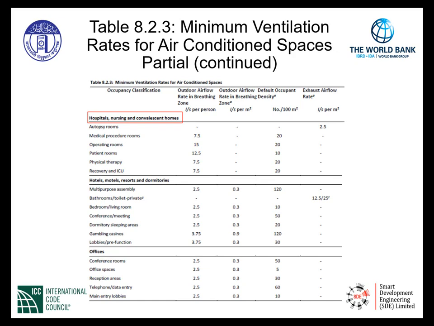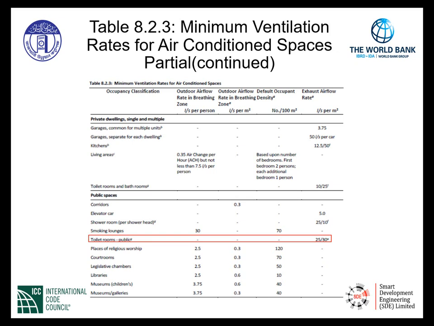And as you can see, based upon the function of the area, physical therapy, recovery, and ICU both have 7.5 liters per second per person as a minimum requirement to provide that outdoor airflow rate in the breathing zone per person.